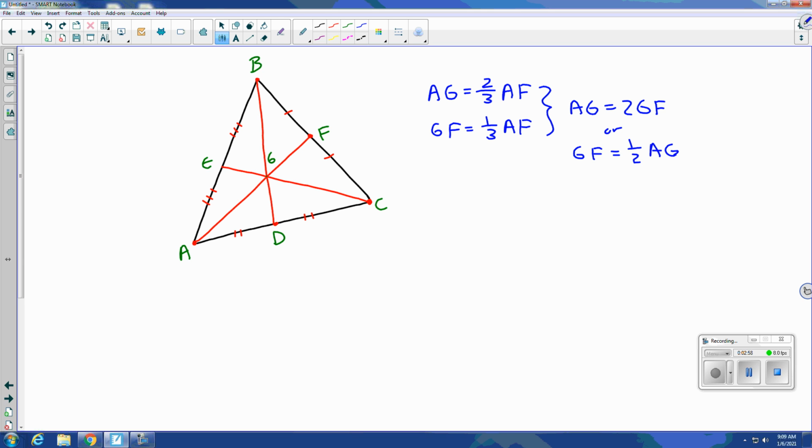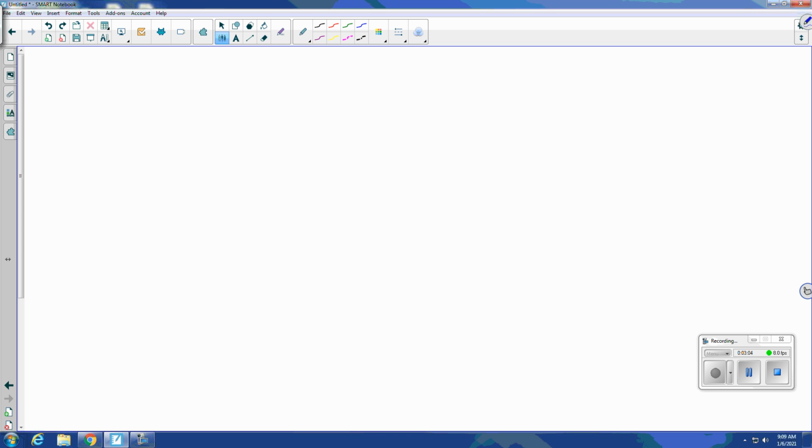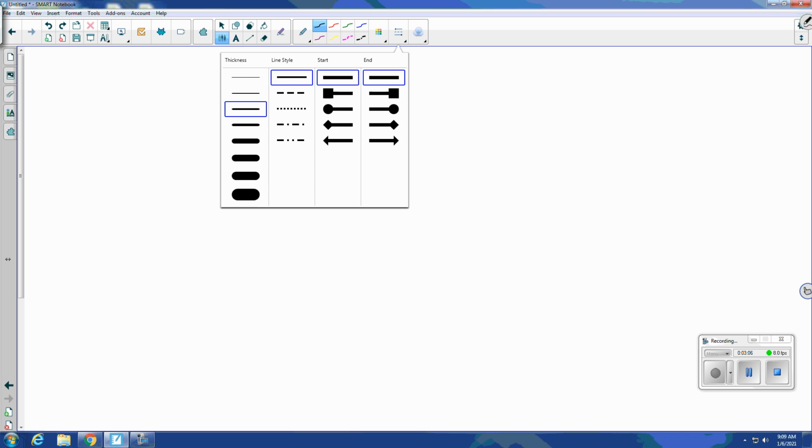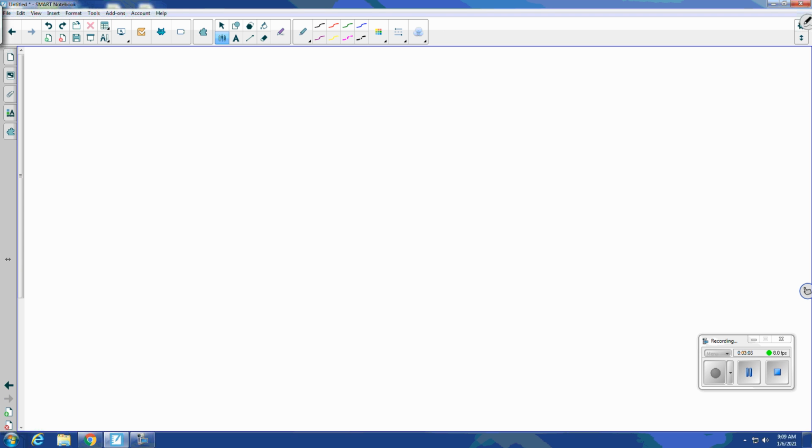Now let's look at how we would calculate the location of the centroid if we were given the location for 3 coordinates. So the example 3 coordinates we will look at are (8, -1), (2, 7), and (5, -3).